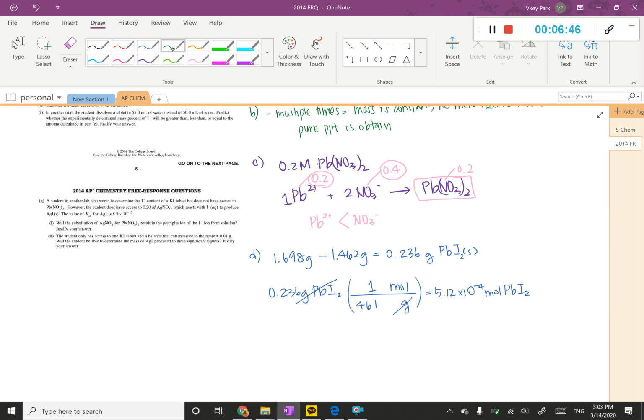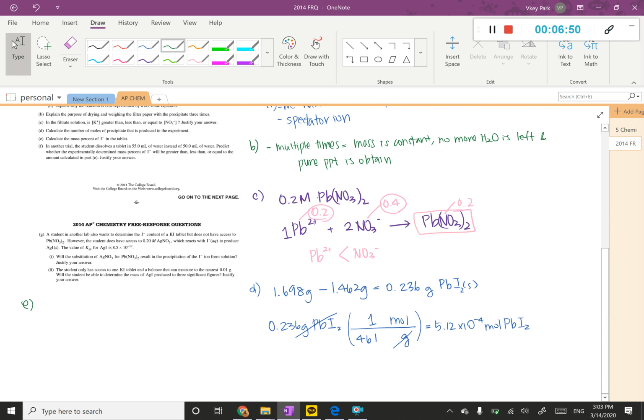All right, let's continue with E. So E says, calculate the mass percent of I minus in the tablet. Right now I already have the moles of PbI2, and I know that I have 1 lead iodide per 2 iodines.